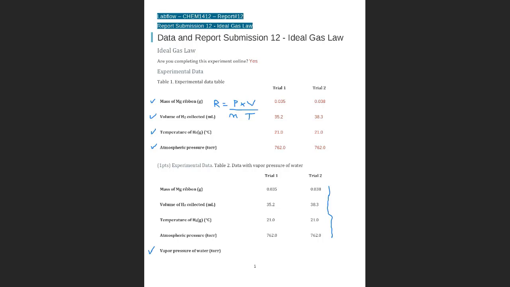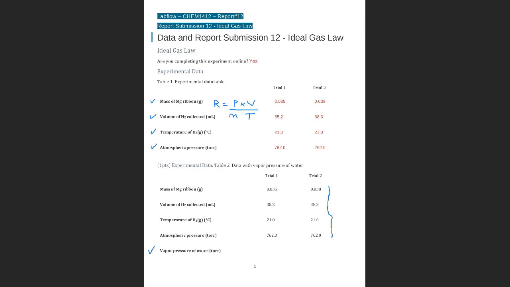Why do we need the vapor pressure of water? You saw the apparatus that we have. We need to determine the pressure of the hydrogen, and we will determine it indirectly. We are collecting hydrogen gas over water.